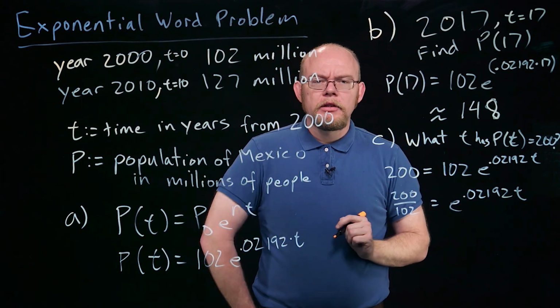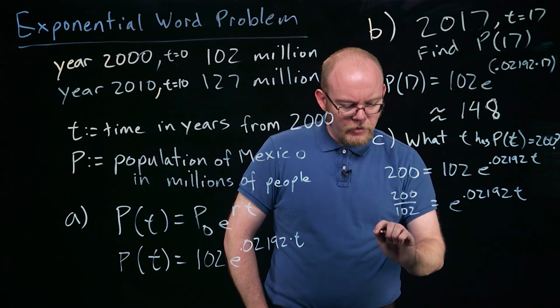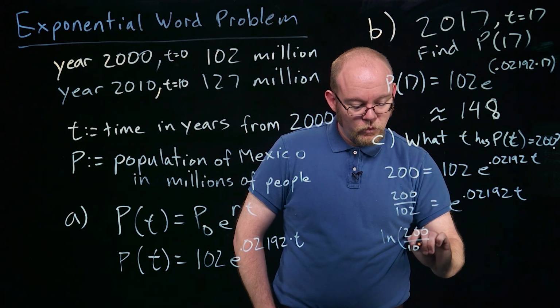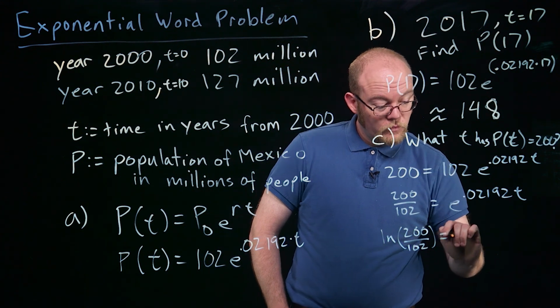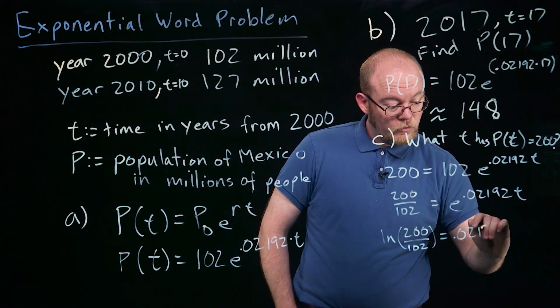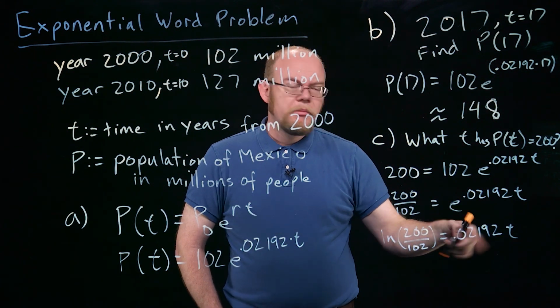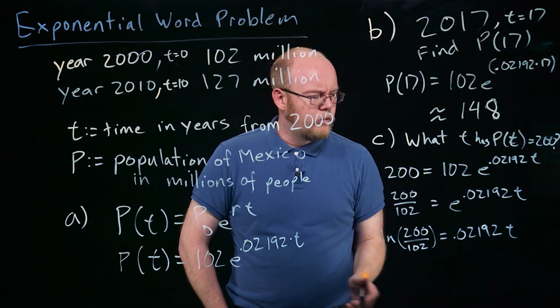Now we need to convert this exponential equation into a logarithmic equation. And now what we need to do is solve for t by dividing both sides by 0.02192.